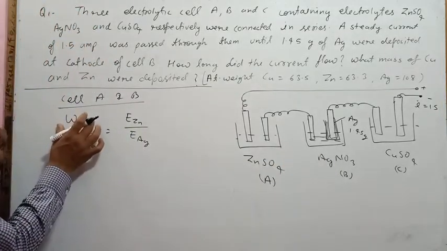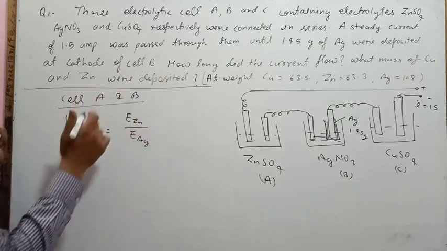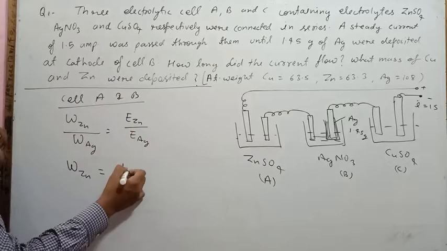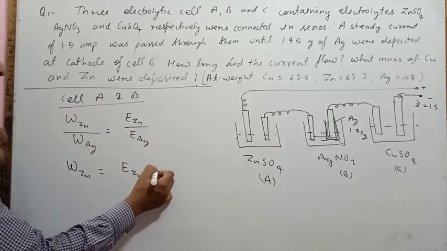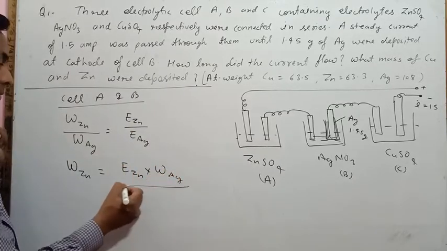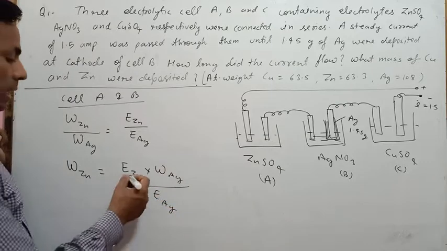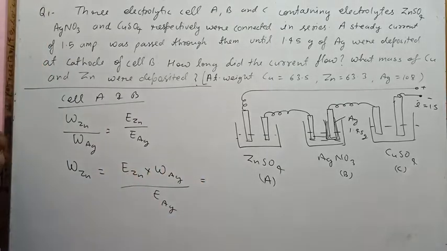The question asks for the amount of zinc, so cross multiply: W Zn equals E Zn into W Ag upon E Ag.